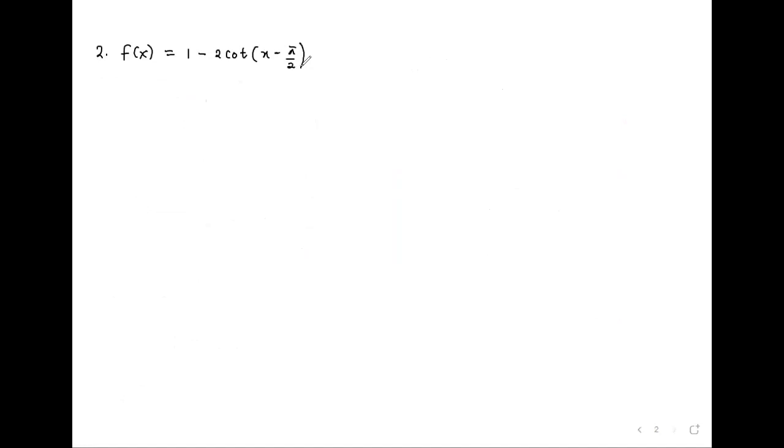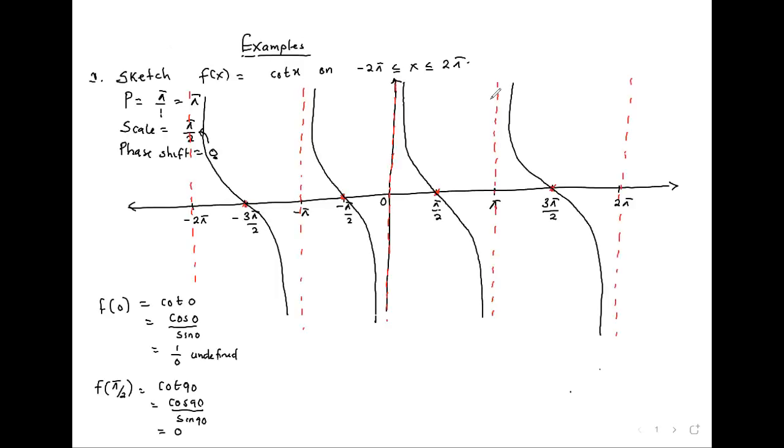So to avoid calculating, why are we using cos 90 over sine 90? Pi over 2 is 90. So it's the same.